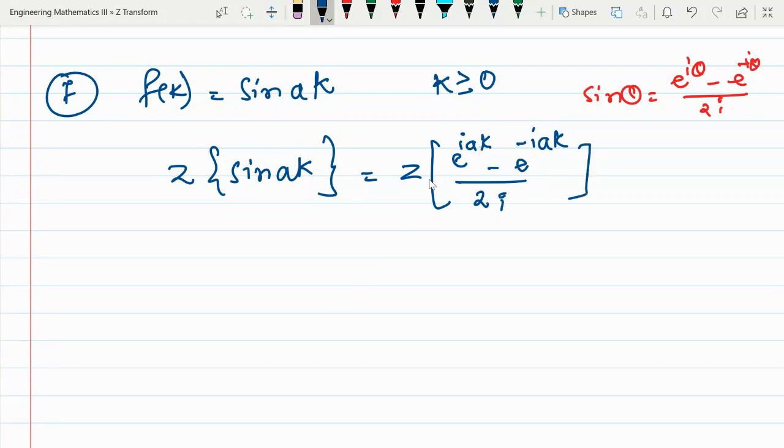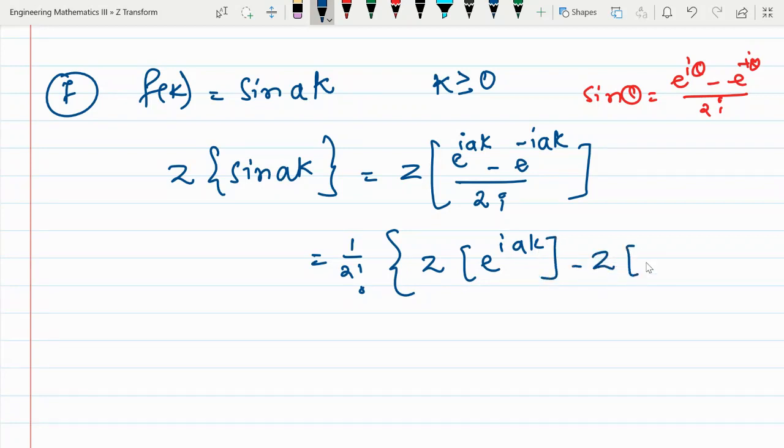Separate the terms because we know the z transform of e raised to ak. So this is 1 upon 2i into the z transform of e raised to i ak minus the z transform of e raised to minus i ak.